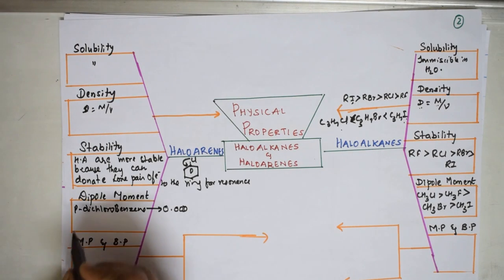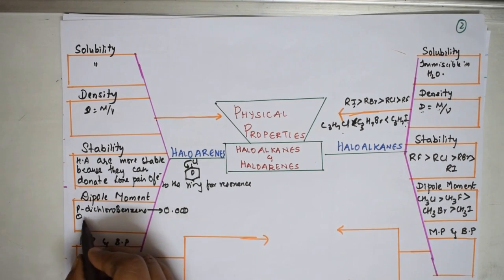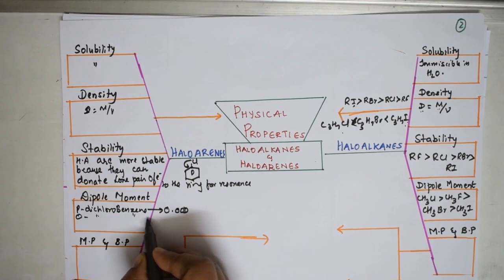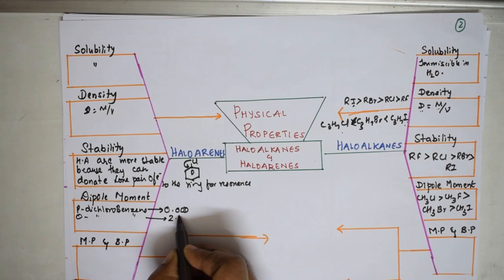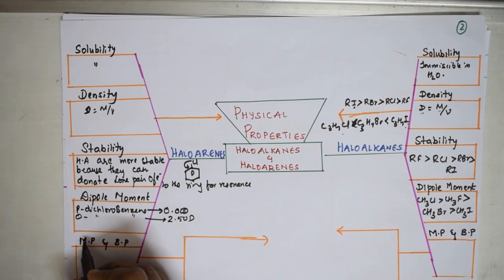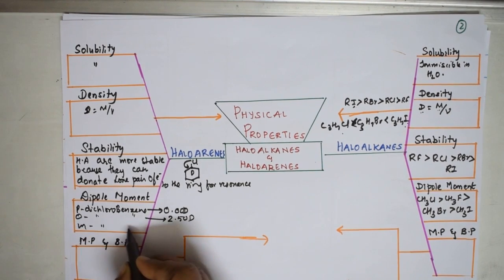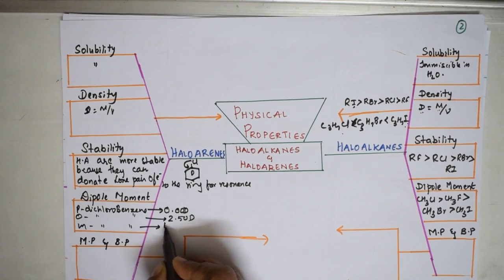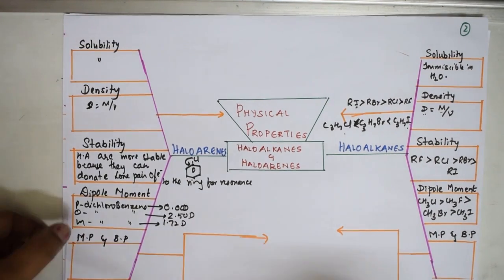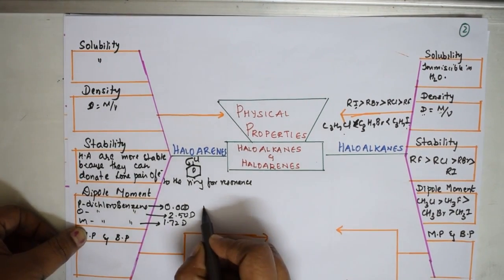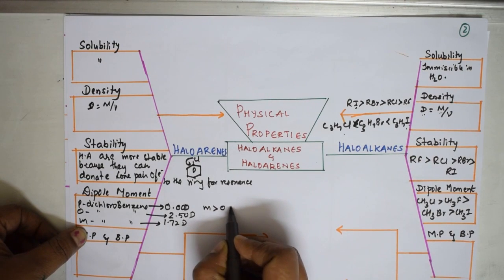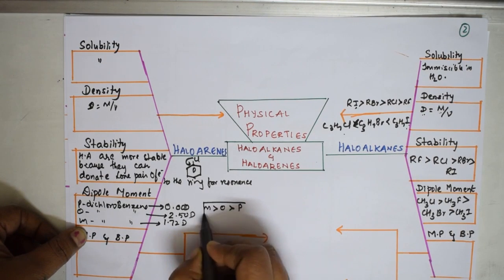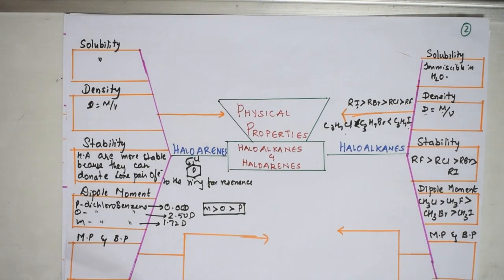In the para case, it gets cancelled, isn't it? Ortho dichlorobenzene, the dipole moment is 2.50. Meta dichlorobenzene, the dipole is 1.72. So when I see the order, ortho dichlorobenzene is greater than meta, which is greater than para. So this is in case of your haloarenes.